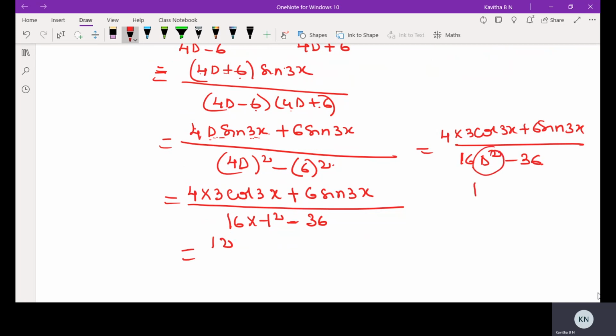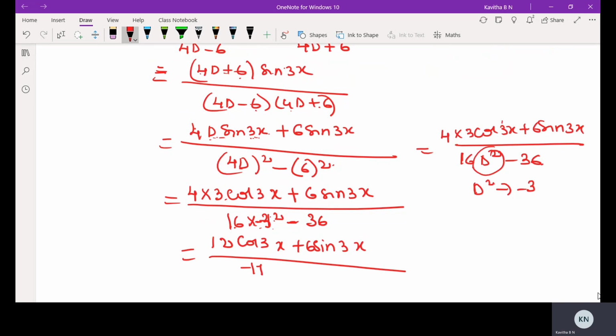Then in place of D² we have to substitute -3², that is, -9. 16 into -9 is -144.